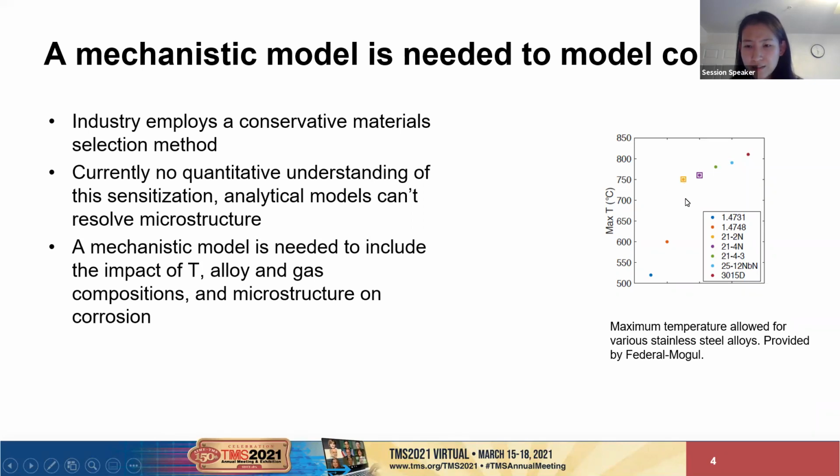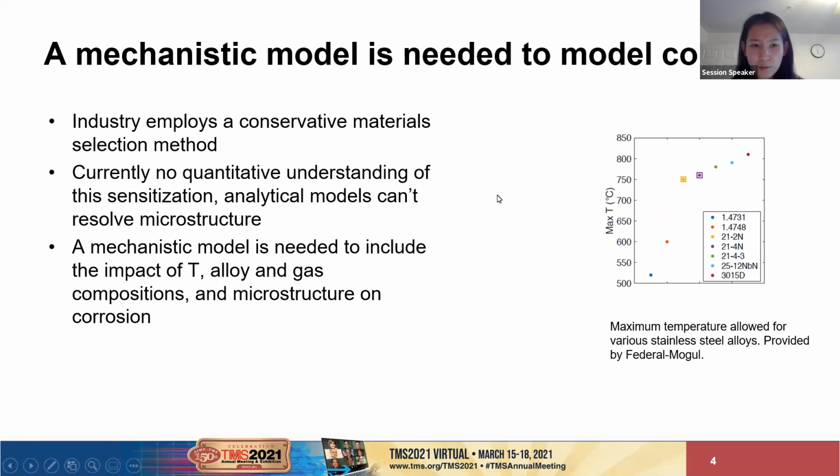But in reality, the engine designers will tend to choose the better materials that correspond to higher temperatures just to be safe. But this will, of course, increase the cost. At the same time, because this material selection approach is heavily based on the employment history, whenever a new engine design occurs, the same approach won't be applicable anymore.